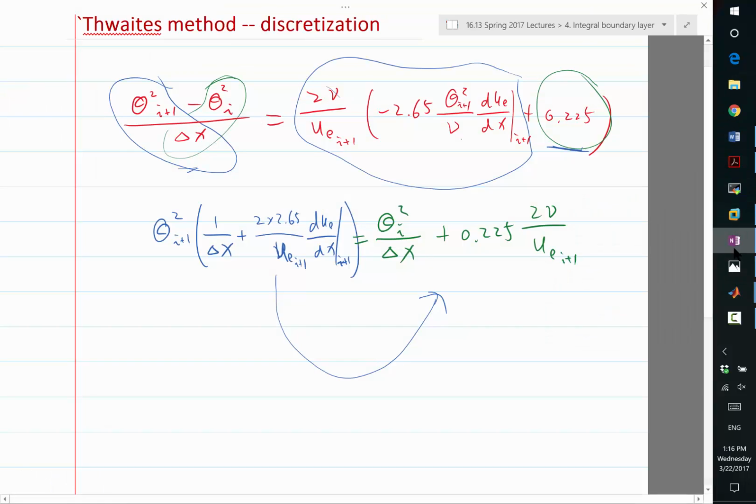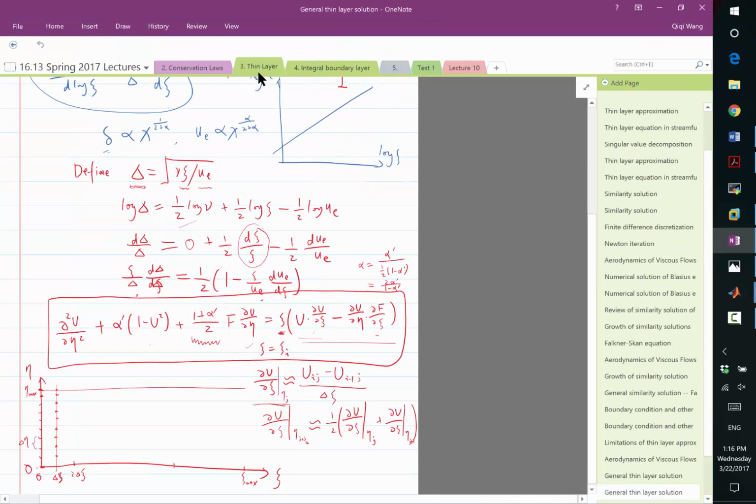Let's go back to the thin layer equations. When we are transforming, the delta we used to non-dimensionalize the y coordinate is the square root of nu times c divided by ue, right?